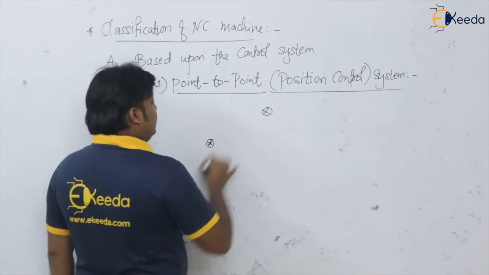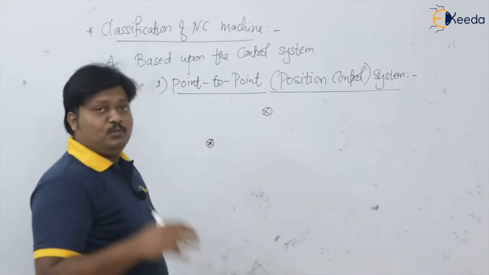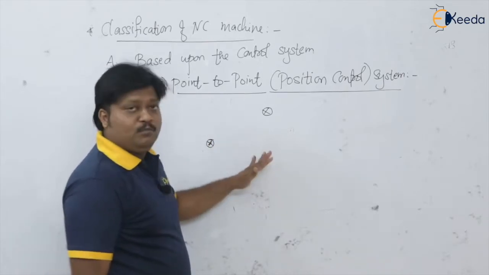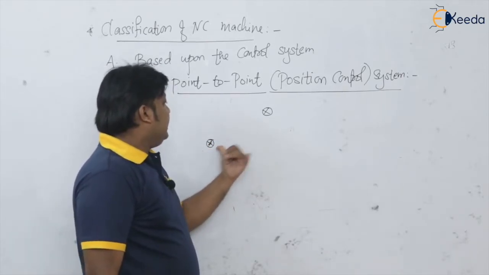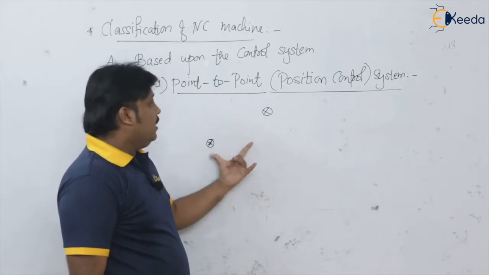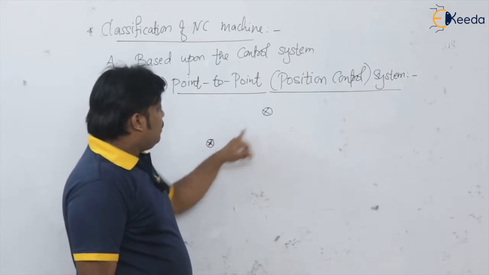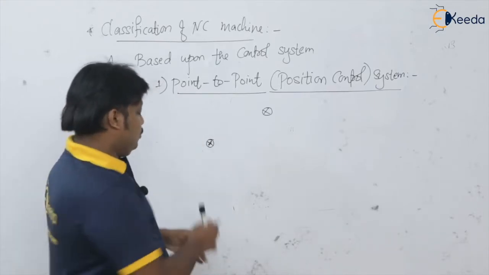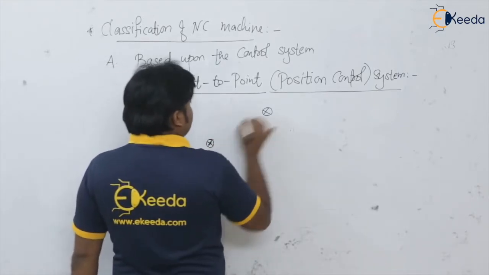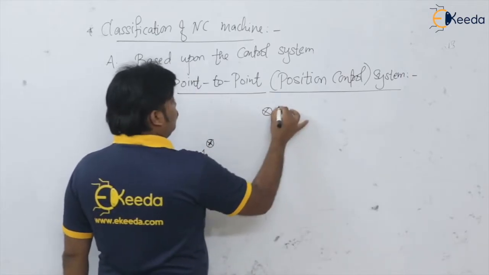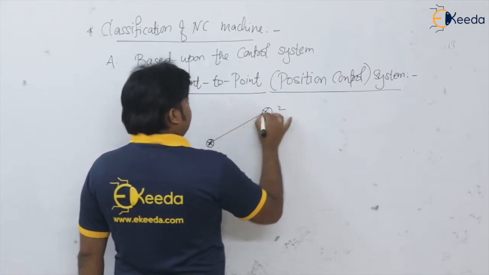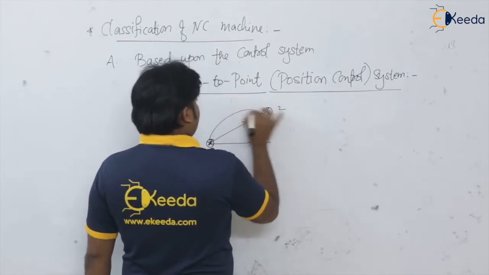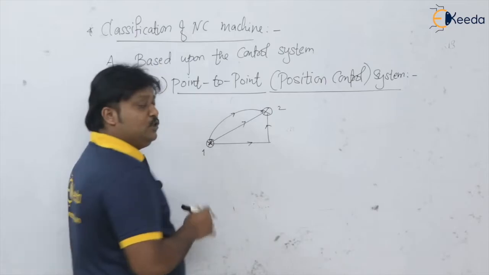Now see here, in point to point or position control system, in the movement of the tool, only the end points are important. Whatever the path traveled by the tool is not important. Suppose it comes from point 1 to point 2, whether it comes like this or like this, no issue how it comes.